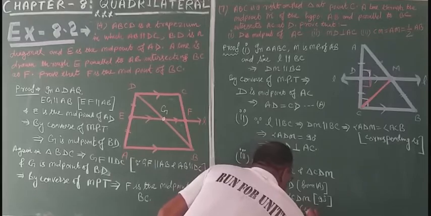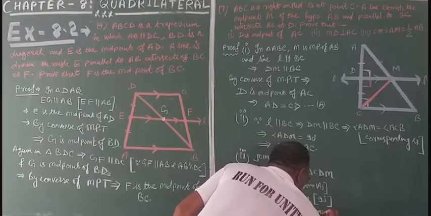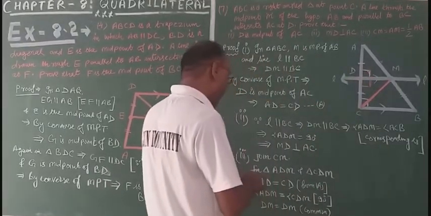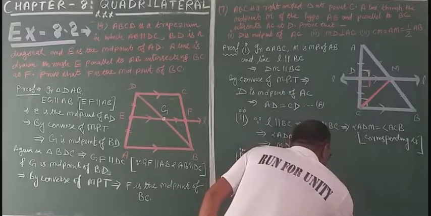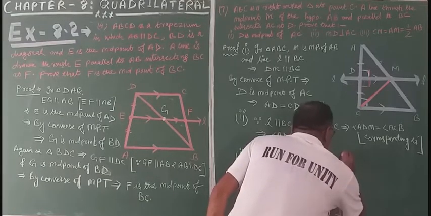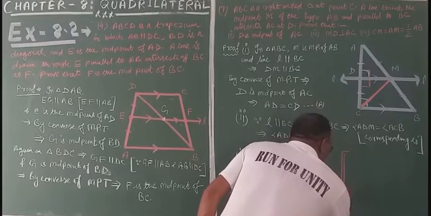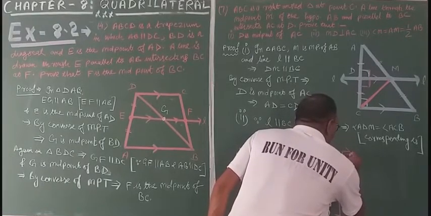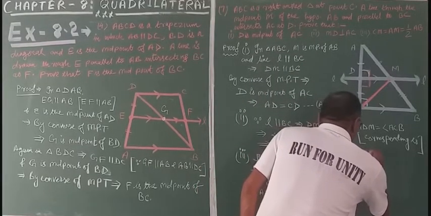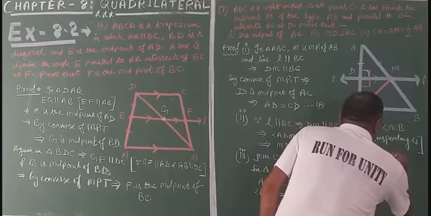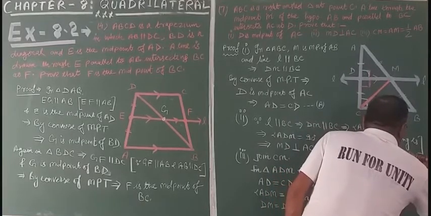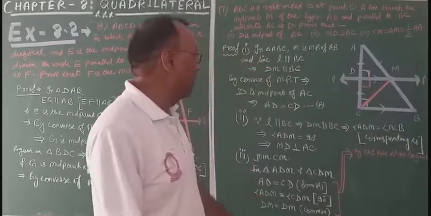By the SAS rule, these two triangles are congruent.